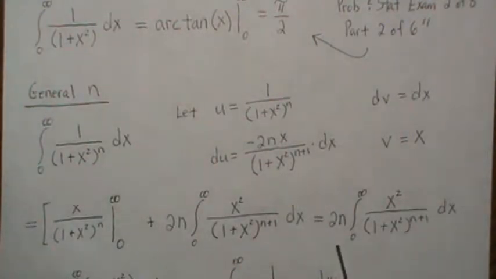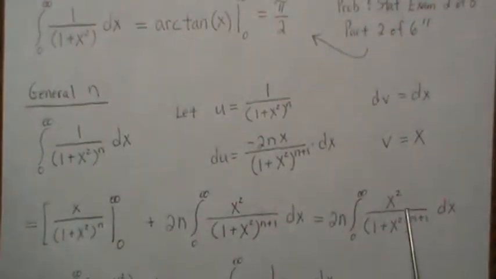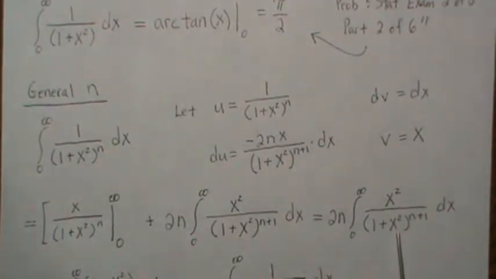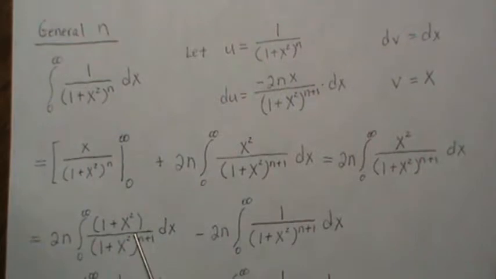So this equals this. Now the next step, we're going to use a trick where we say plus 1 minus 1. So we add a well-chosen 0, but then we're going to look at it as two integrals. So the 1 plus x squared, and then we're going to have the minus 1 separately. And so that's what we do here.